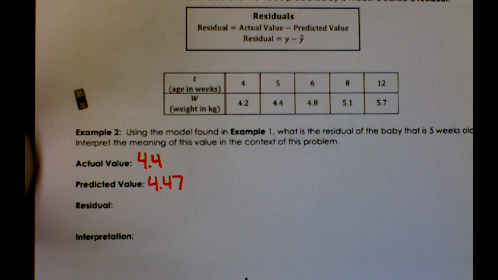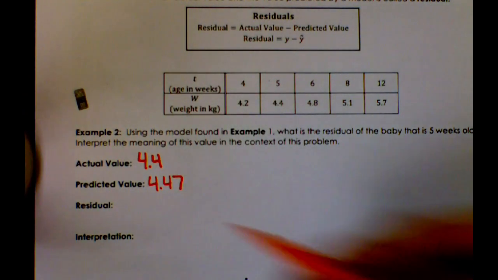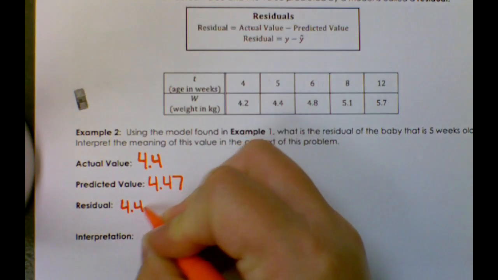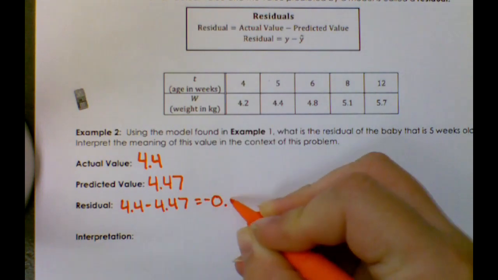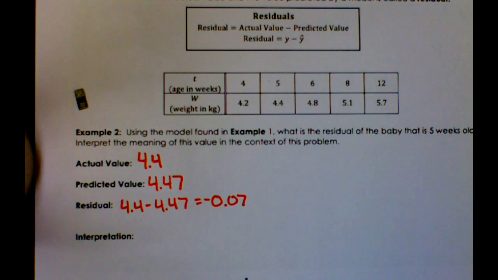To get my residual, I need to take the actual value minus the predicted value. So I need 4.4 minus 4.47, which is negative 0.07. So what does that mean? That means that our actual baby weighed 0.07 kilograms less than predicted.